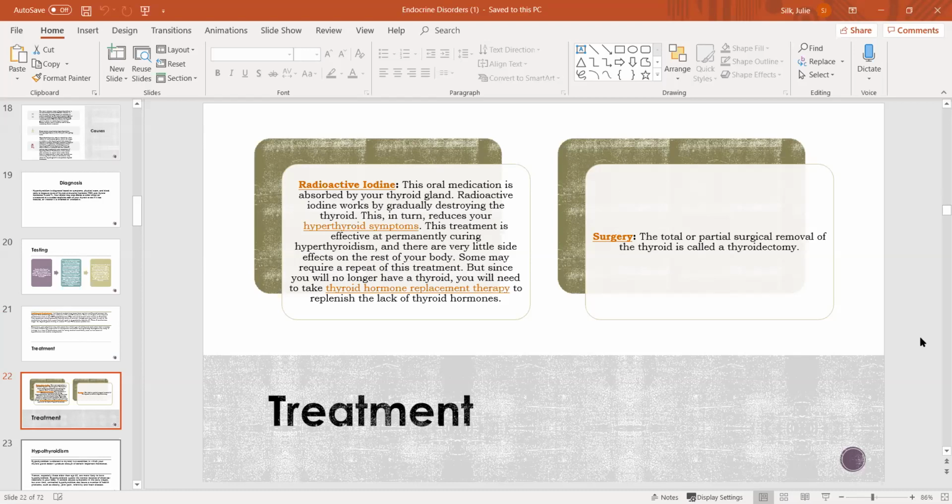So you're thinking of Trousseau's sign, but that's when you pump up the blood pressure cuff and leave it pumped up for like 5-10 minutes. After that period of time, if their hand does this, then you have a positive sign. Okay. Chvostek's is the one where you're tapping on their face in a certain area, and it causes their lip to curl up funny. Okay. So you might be checking those signs after the surgery to see if you see anything unusual.